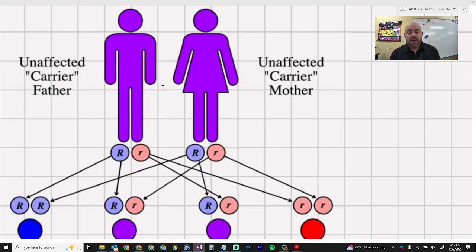But they're called carriers. Carriers are a term you'll see a lot because they carry the recessive allele. But why don't they express it, or why don't they express it halfway? They don't express it because of the rule of dominance, right? Dominant expresses itself, so in this case, the dominant allele is unaffected or normal or whatever you want to say, but they're both carriers. And so dad here has an equal chance, 50-50 chance of donating a big R or a little r to its offspring.